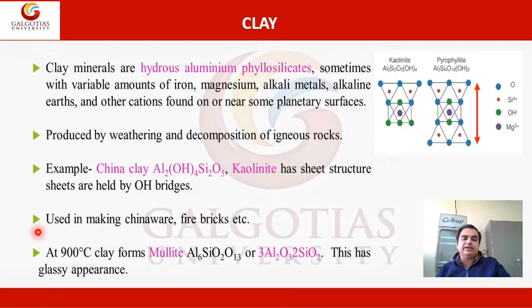If we heat these clays at 900 degrees centigrade, they can form mullite, having the formula Al6Si2O13, which we can also write as 3Al2O3.2SiO2, having a glass type appearance.